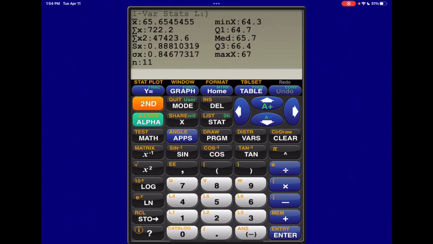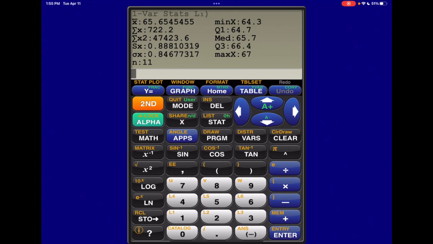When we press enter, we get a bunch of computations for that sample, and on the fourth line down, we get our point estimate for the population standard deviation, which is the sample standard deviation S. That sample standard deviation S is 0.88810319. We want that to 5 significant figures. That leading zero doesn't count, so we'll do 0.88810 for our 5 significant figures.